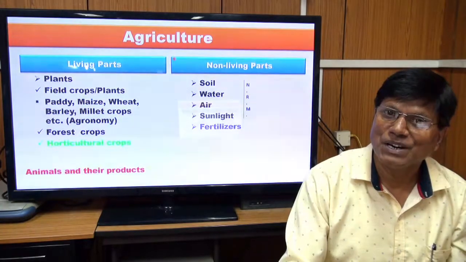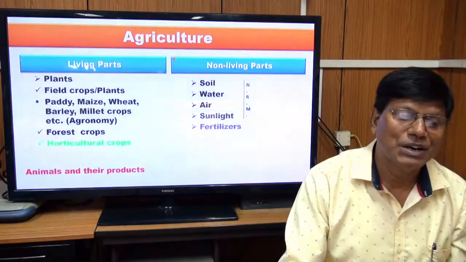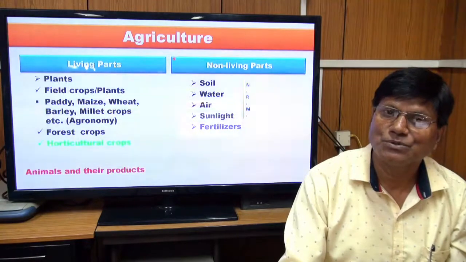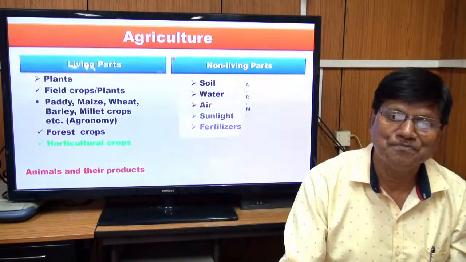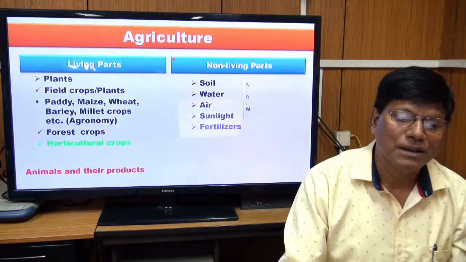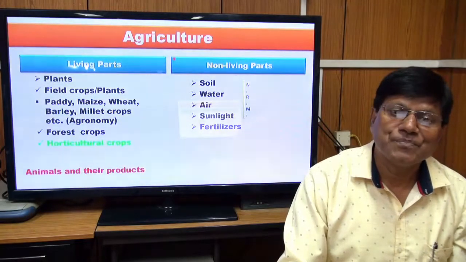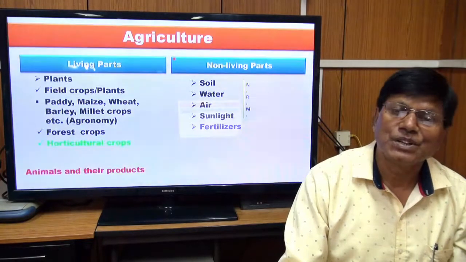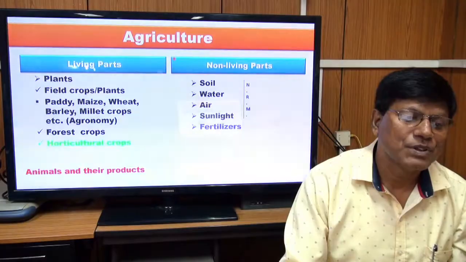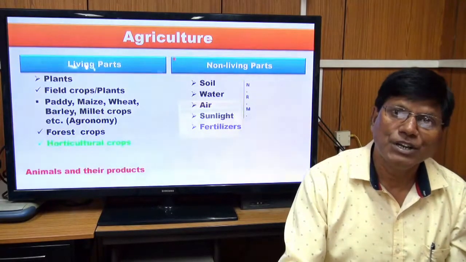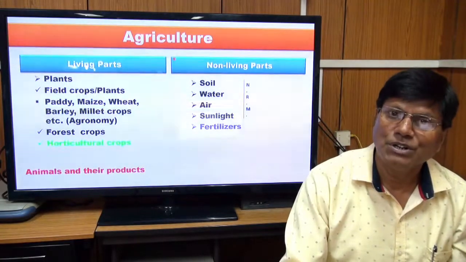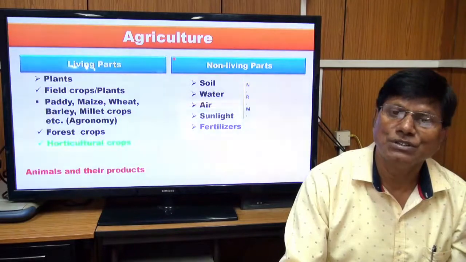Horticultural crops are very remunerative and very essential to enhance the income of farmers. Horticulture is a very important component. For agriculture, we dealt with living and non-living parts. In addition, animals are also involved. Agriculture includes animal production also, so animals and their products are included under agriculture.